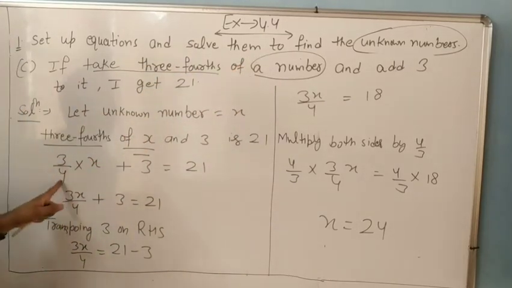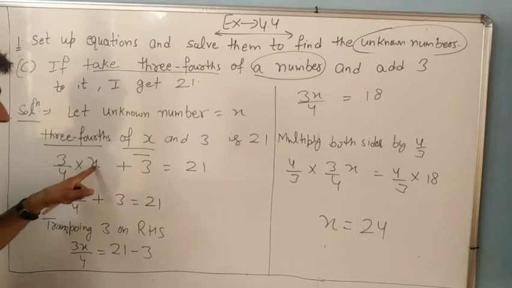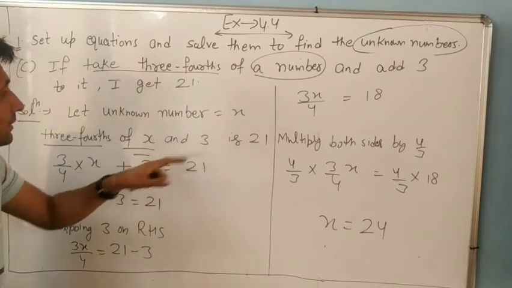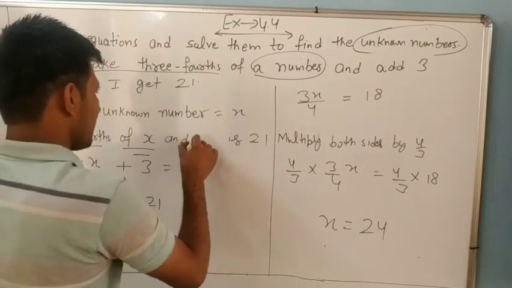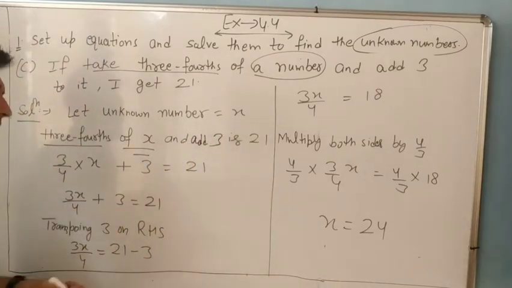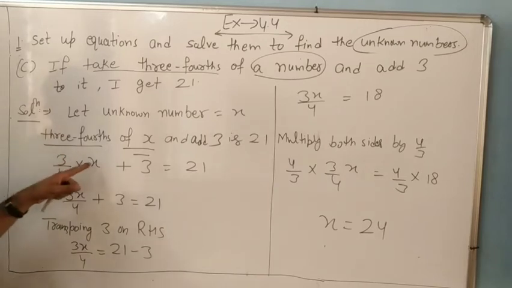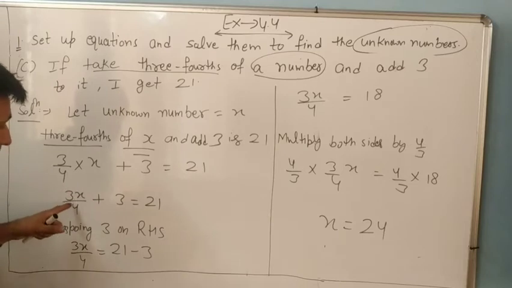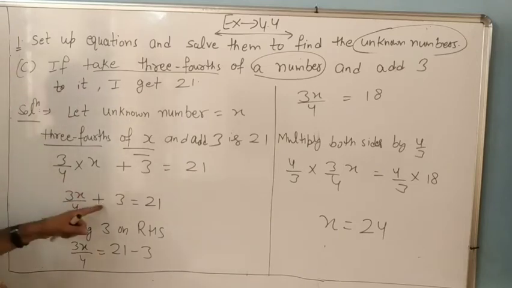So 3/4 of means multiply x, and add 3, plus 3 is 21. Very simple dear. 3 into x, 3x divided by 4. It means 3 by 4 of x plus 3.